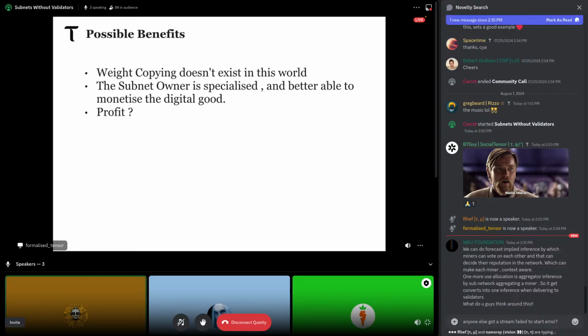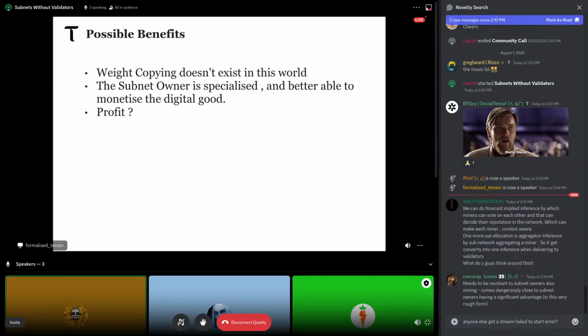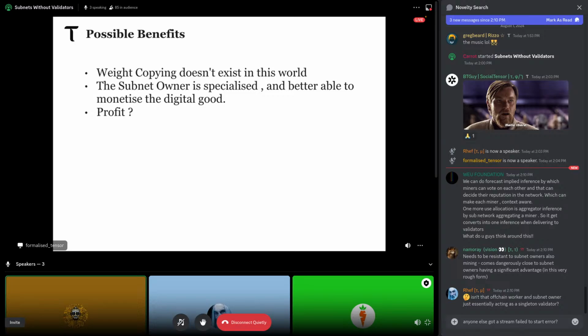So we don't have validators, and more importantly, one problem I see with the current system is that it's hard to ask people to validate 1,000 networks and also ask them to be in charge of monetizing the digital good.